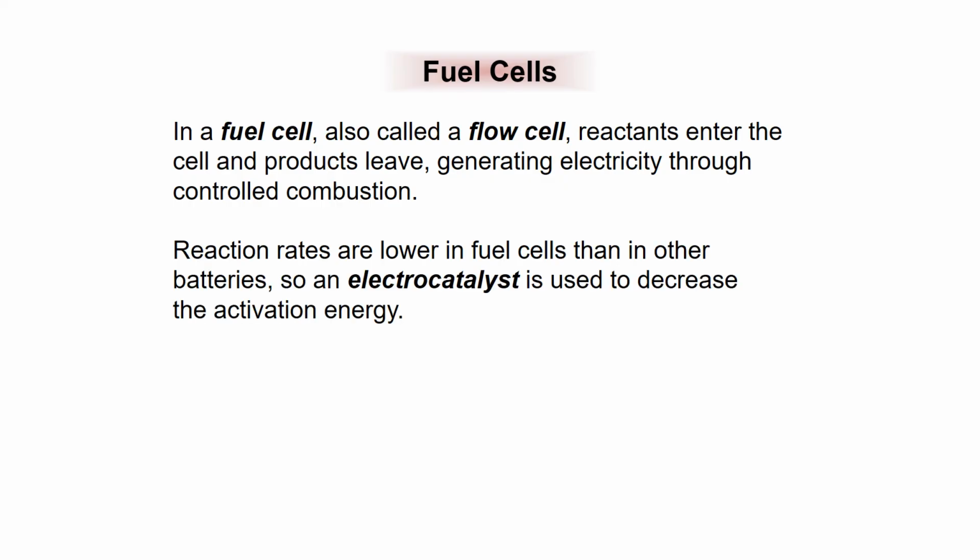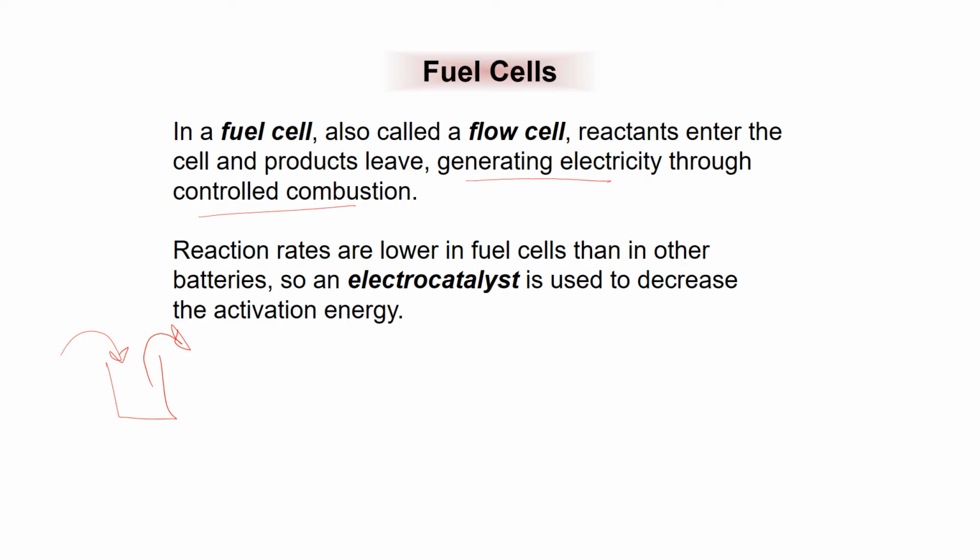And the final one is the fuel cells. In a fuel cell, also called a flow cell, reactants enter the cell and the products leave. As this happens, electricity is generated through combustion.